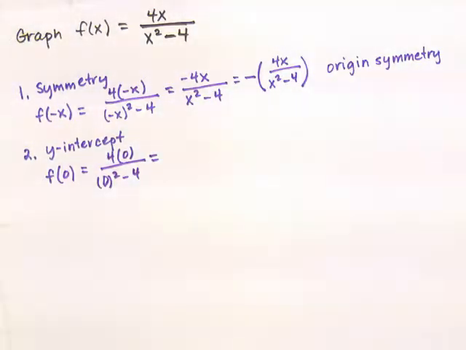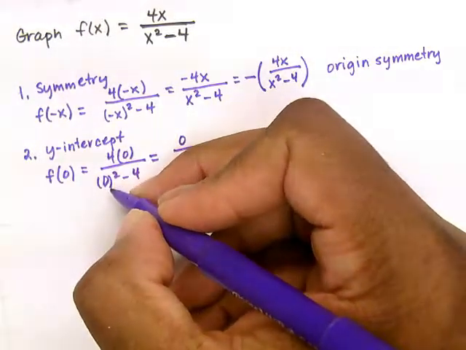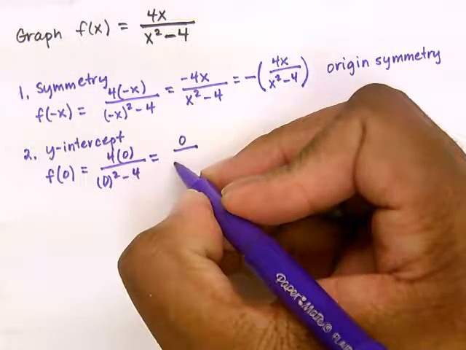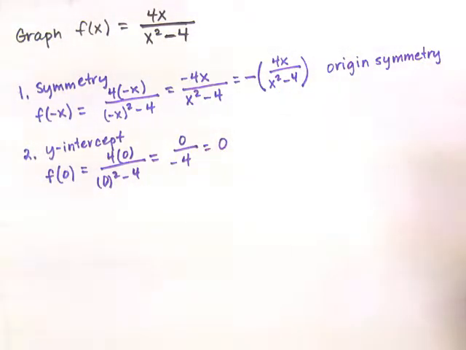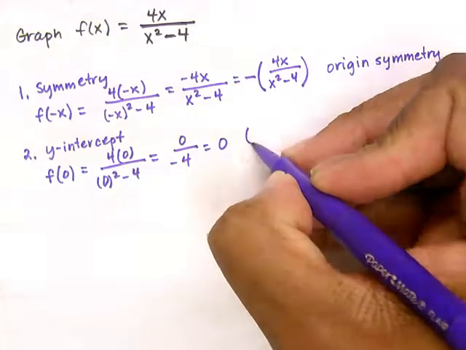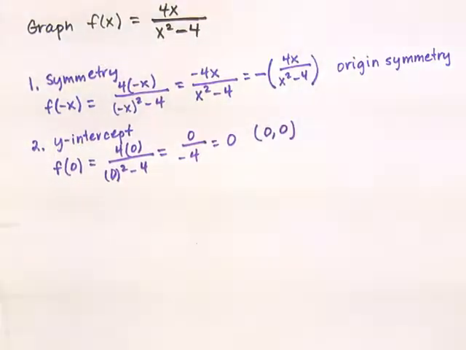Well, the numerator, 4 times 0, is 0. The denominator is 0 squared, that's 0, minus 4, which is negative 4. And 0 divided by negative 4 is 0. So the y-intercept will be the ordered pair 0, 0.